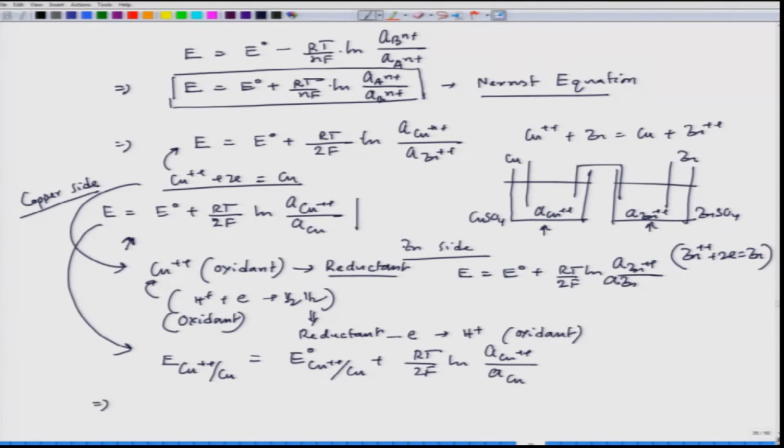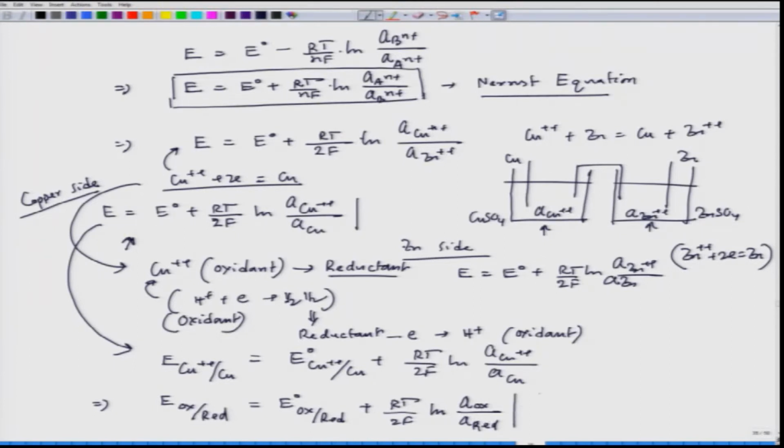In general, can I not also write this, this is a generalized form.